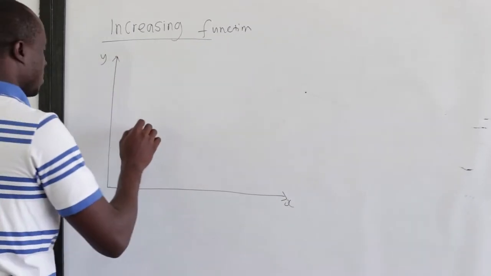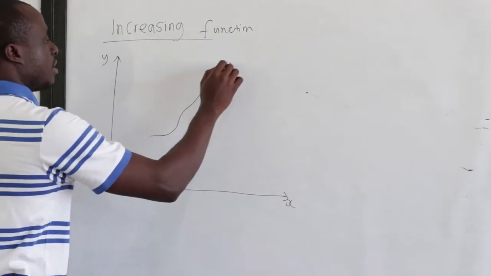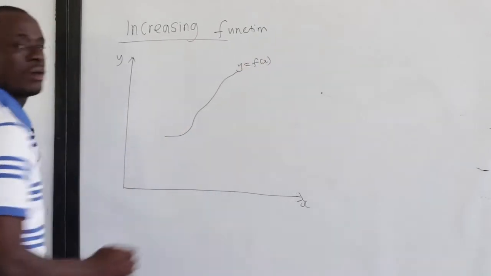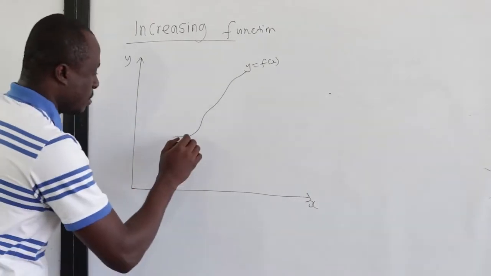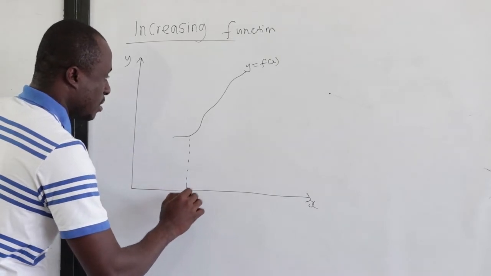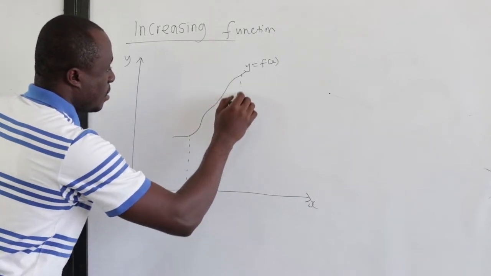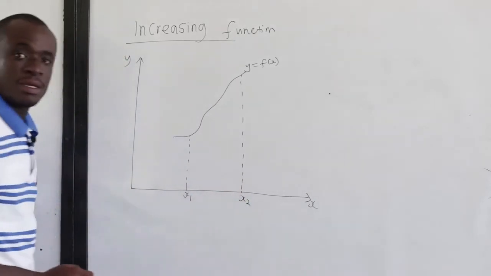Now let's consider this curve. This is y equal to f of x. Now let's suppose it is on an open interval. So we have, this is our x1, and then this is also our x2.